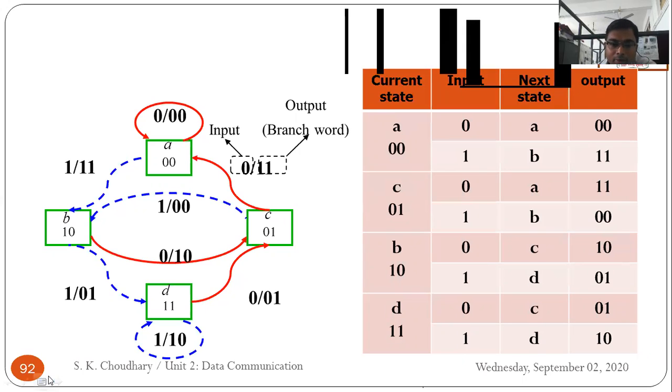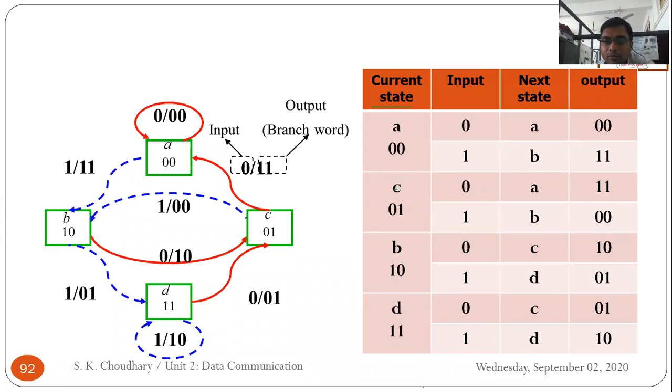In the lookup table, what have we written? The first column is the current state, that is A 00, C 01, B 10, D 11. In the second column, it is the input. In every state, there are two possibilities of input, 0 and 1, in every state. And in the next column, we have written the next state. I have written only the alphabetical names instead of writing the binary numbers.